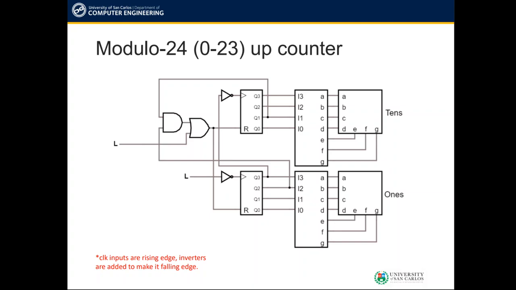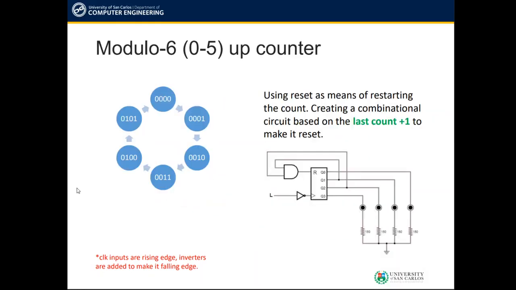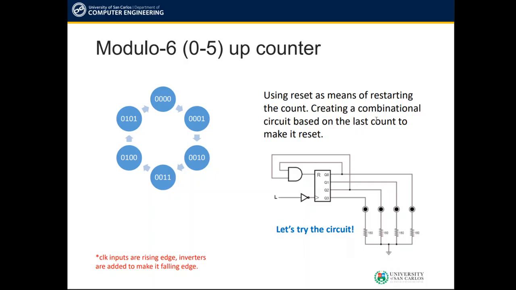The problem from the previous example is that we don't use the last count as our reference, because the reset here is your asynchronous reset. So the time it receives the high signal, it resets back to 0. So that's the difference when you're controlling the reset function and when you're controlling the clock function.